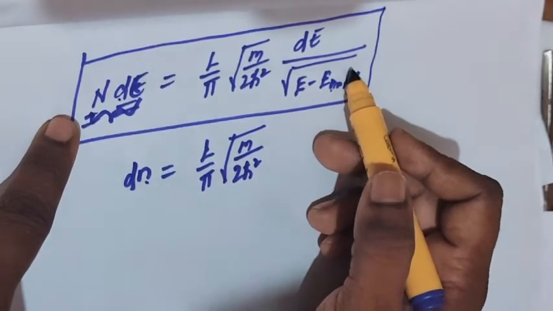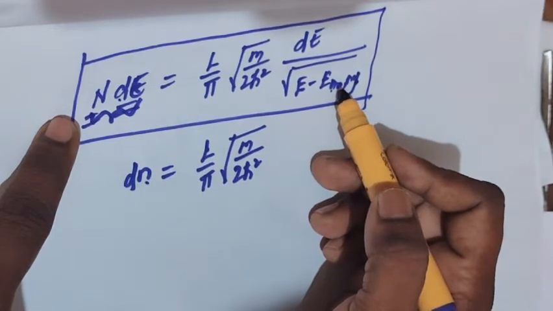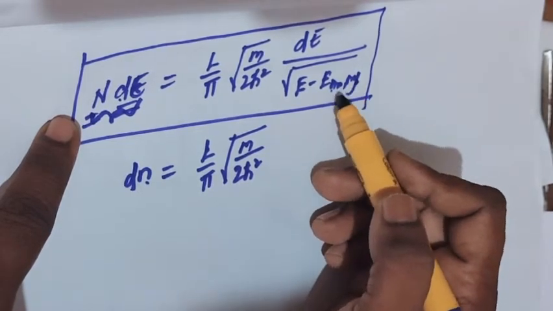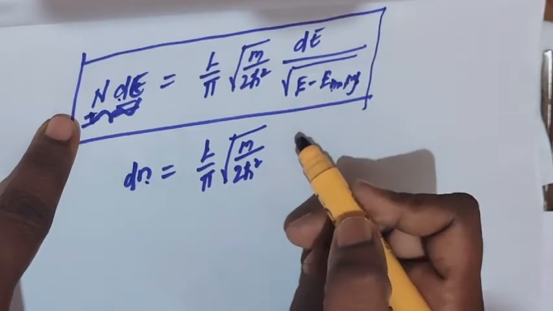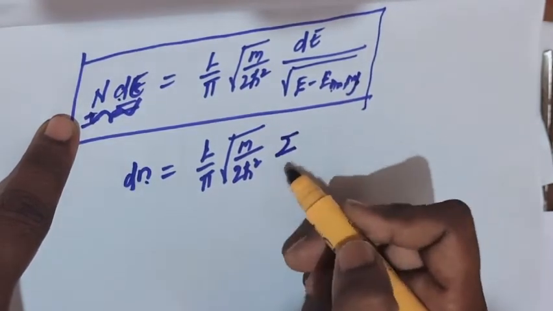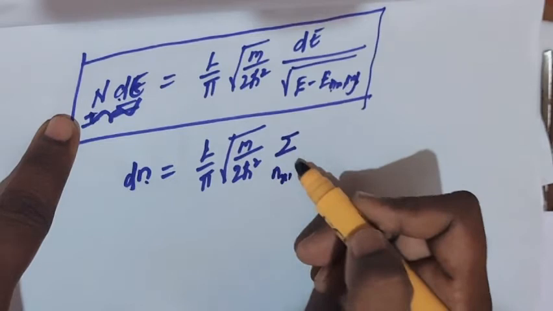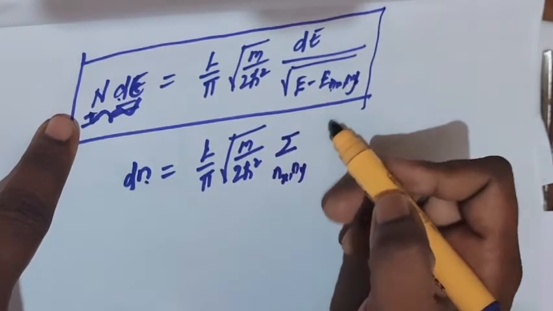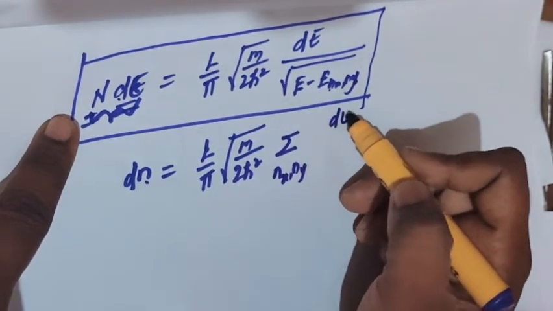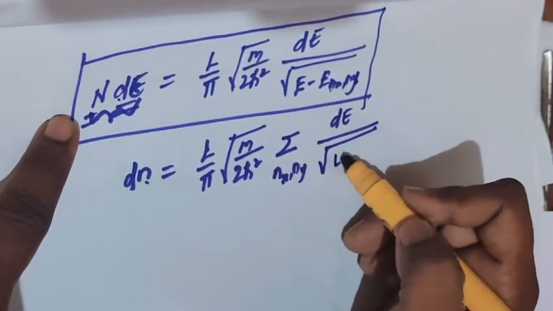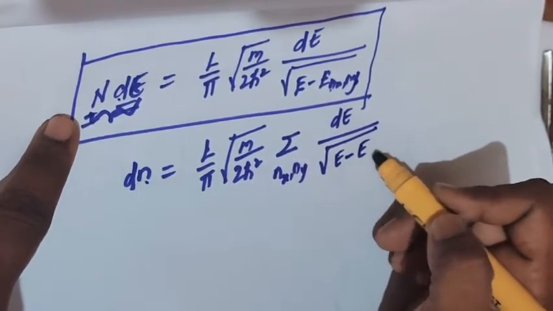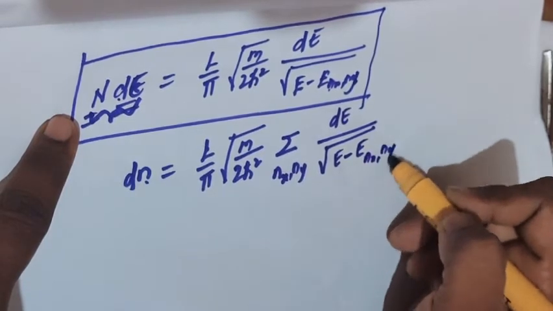That means all the accessible states, because the electron is confined along x and y directions, it has discrete energy values along those two directions. So you have to put a summation over nx, ny going up to infinity, dE divided by square root of E minus E_nx,ny.